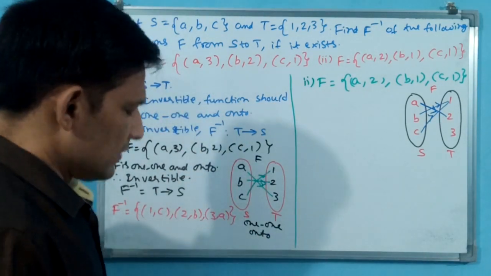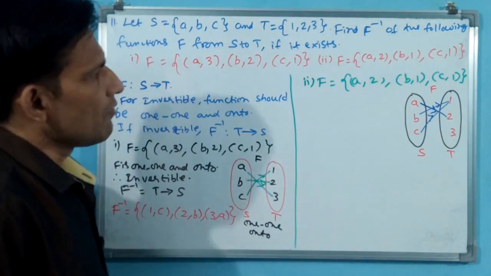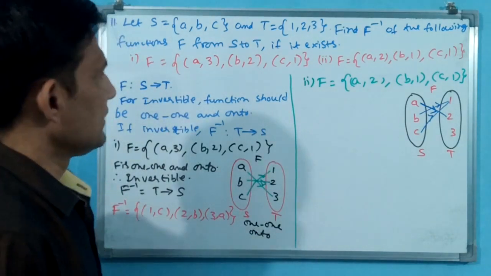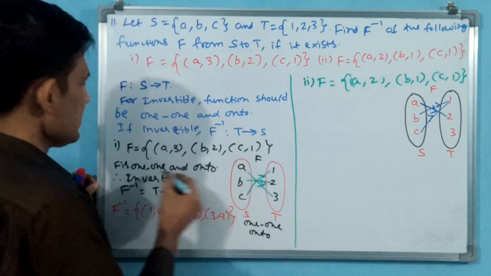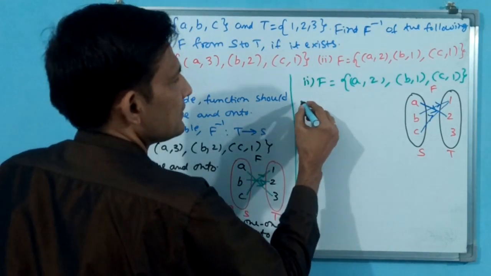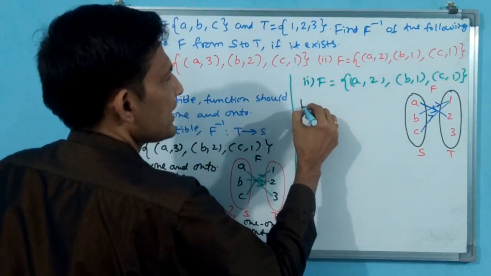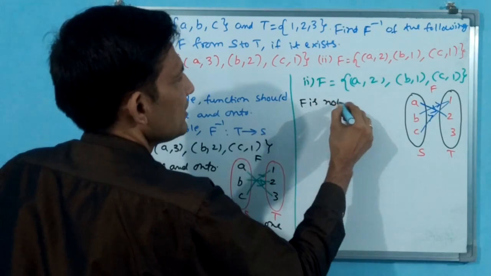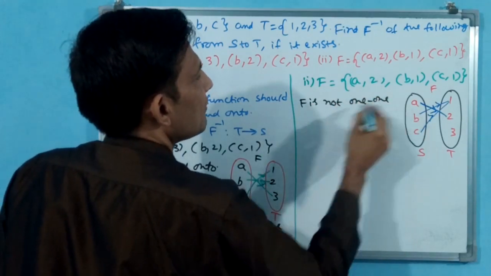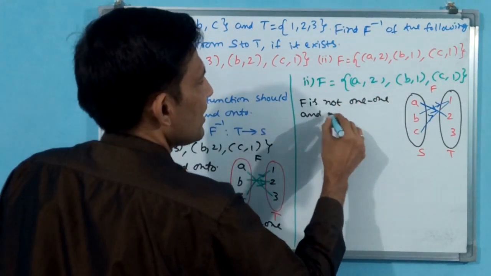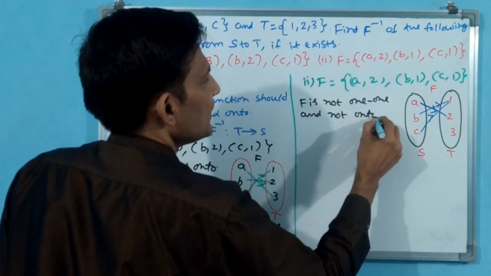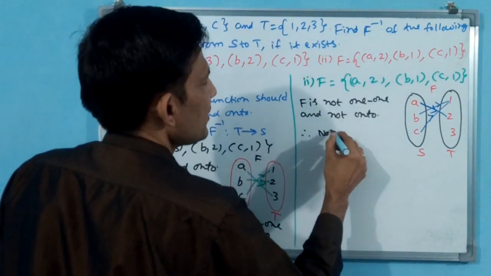Now you see what we have to write. F is not one-one and not onto. You write like this: F is not one-one and not onto. Therefore, not invertible.